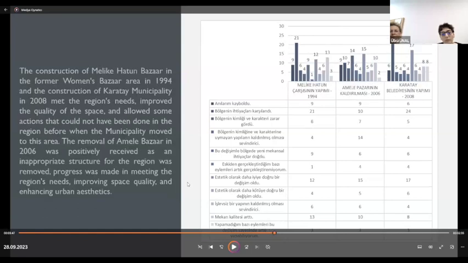The construction of Melike Hatun Bazar in the former Women's Bazaar area, Karatay Town Hall, and the removal of Amele Bazar.